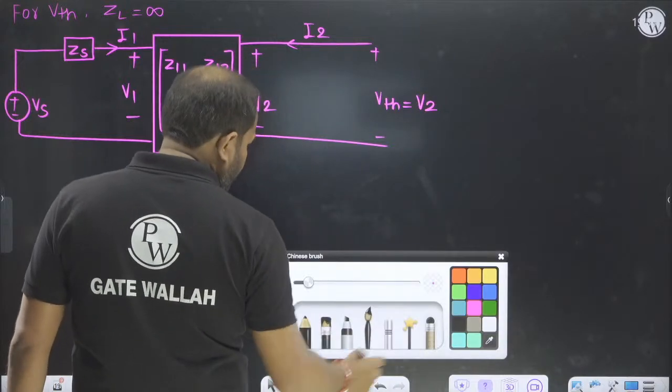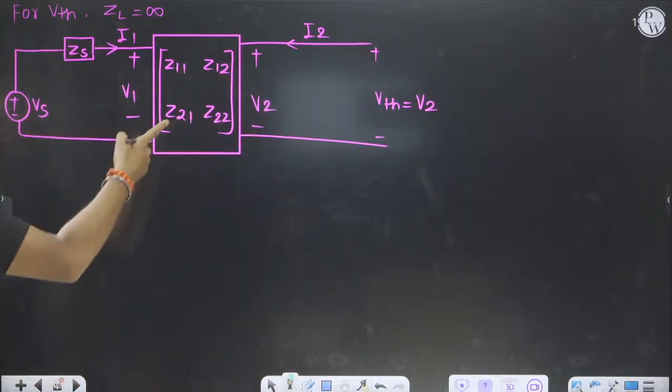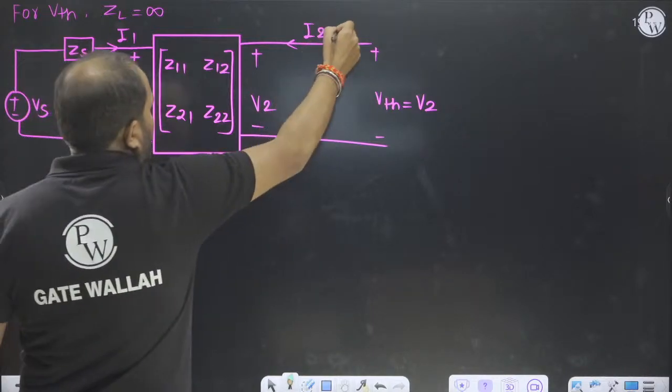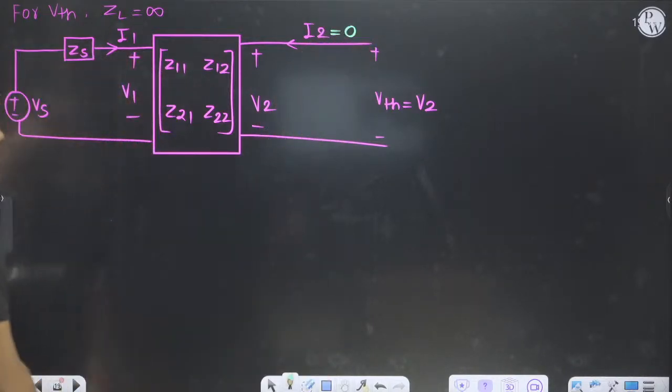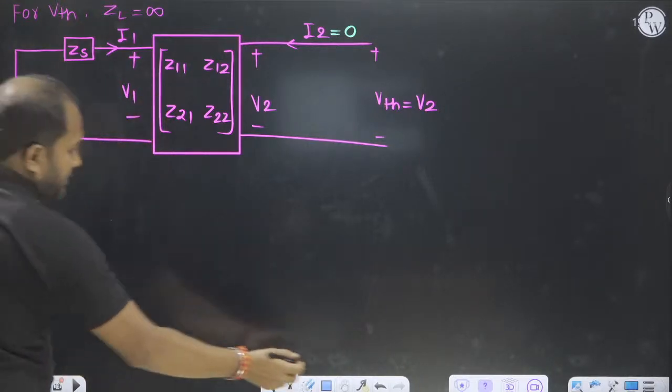First of all, what will I do? I will write this one is open circuit, so I2 is equal to 0. So first I will write V1.